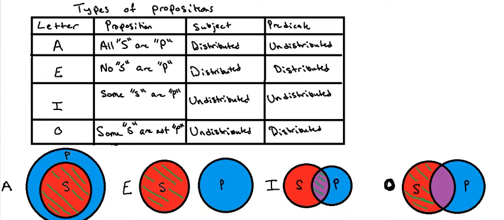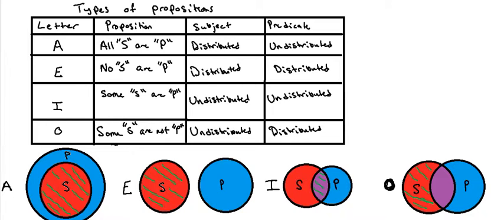So I've drawn Venn diagrams to illustrate the quality of being distributed or undistributed. A claim is distributed if it's universal, or all inclusive.